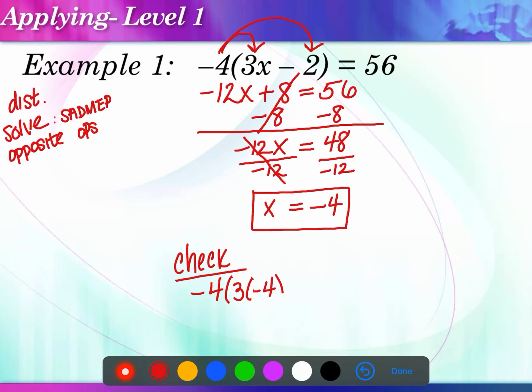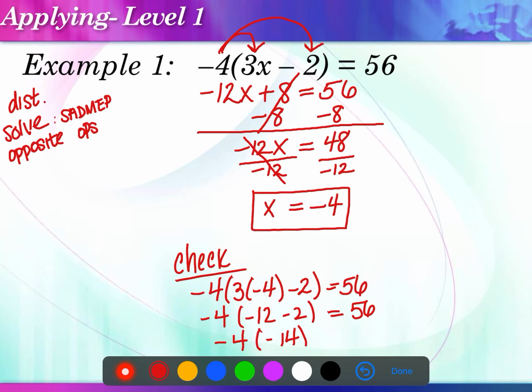You want to use parentheses, especially in this case, when the value for your x is a negative. Okay, so evaluating each side, we want to make sure that we get a true statement here. A true statement is when both sides of the equation show the exact same thing. All right, so we get 56 equals 56. So that means this answer is good. Negative 4 is our final answer.